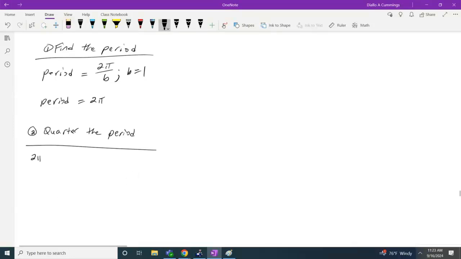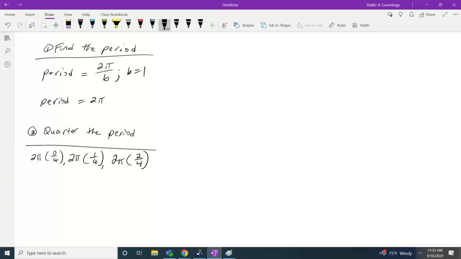I'm going to take the period, which is 2 pi, and multiply that by 0 over 4. I'm going to take 2 pi and multiply that by 1 over 4. Then 2 pi multiplied by 2 over 4.